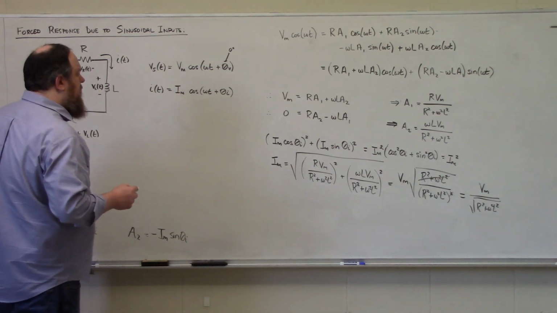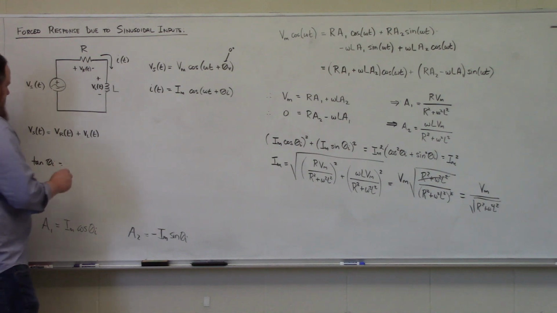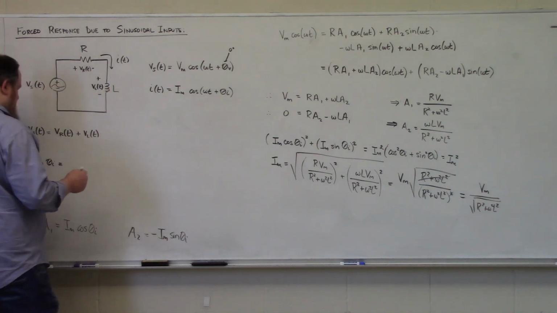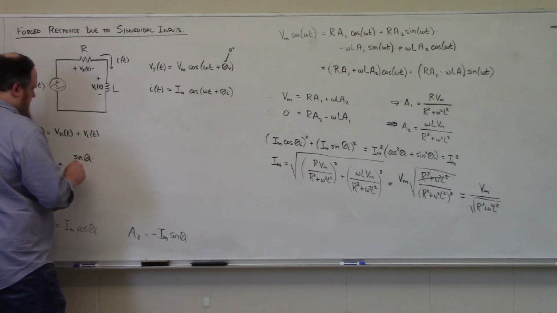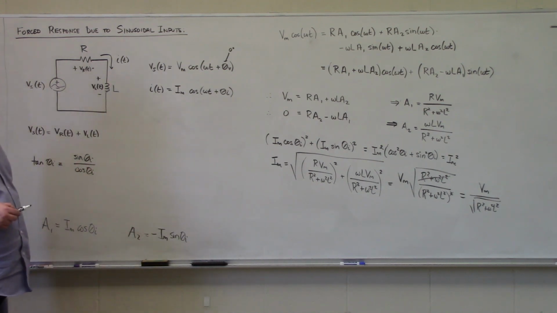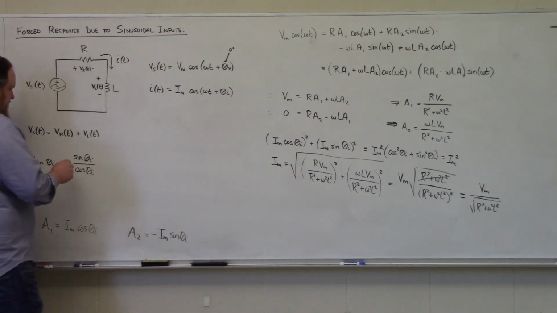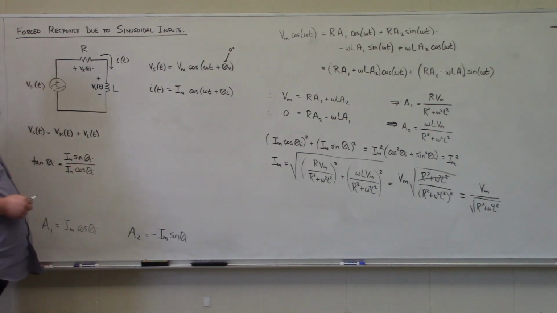So the tangent of theta I is defined to be the sine of theta I divided by the cosine of theta I. It would not change our relationship at all if we put a common factor of Im in both the numerator and the denominator.